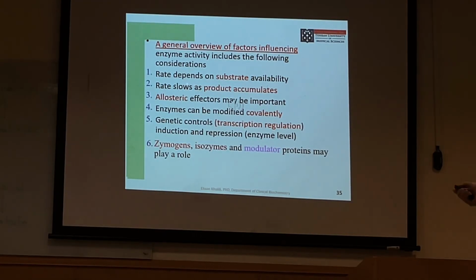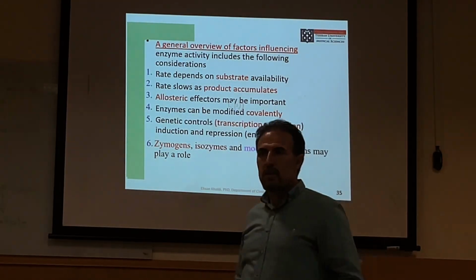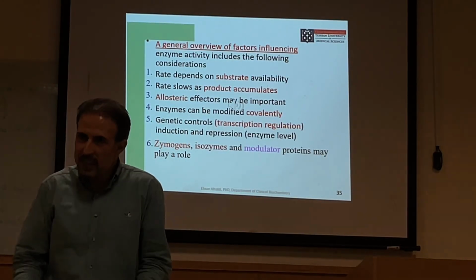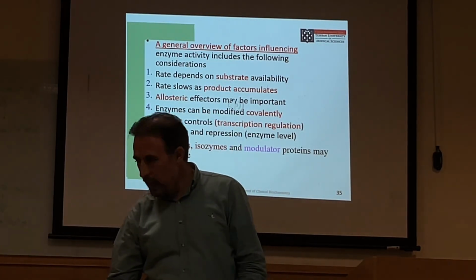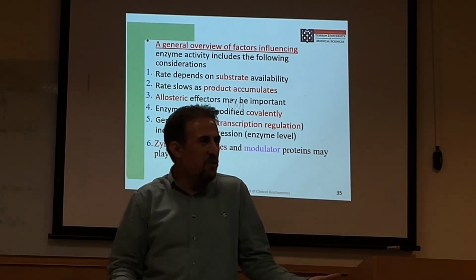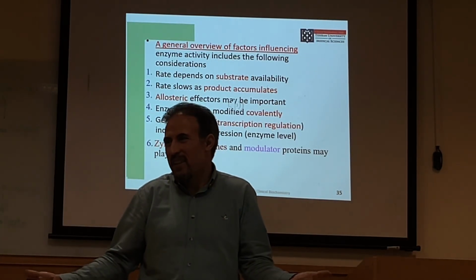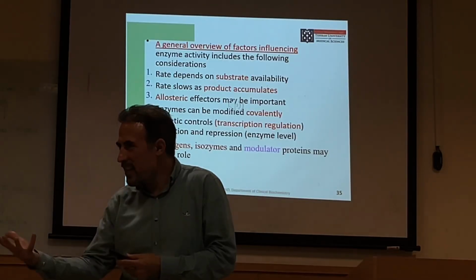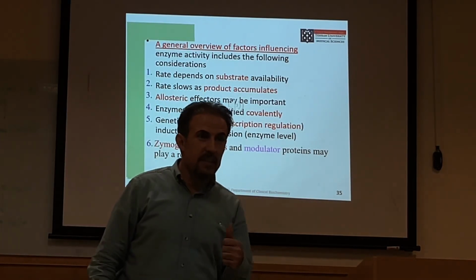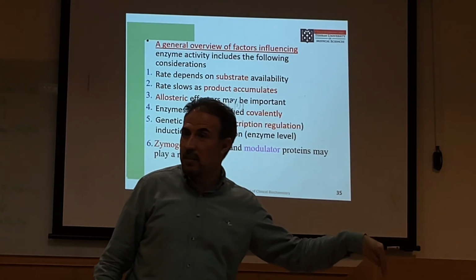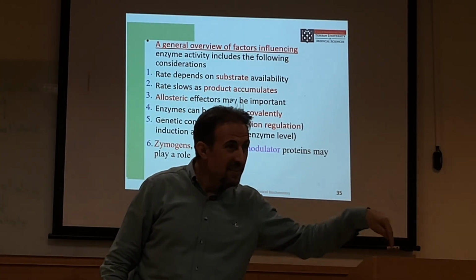What are those factors? We have the substrate. Let's say I'm an enzyme going to work on something here. If I have enough substrate, I will go at high speed. Another thing is the product.